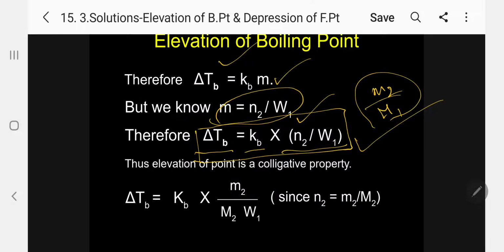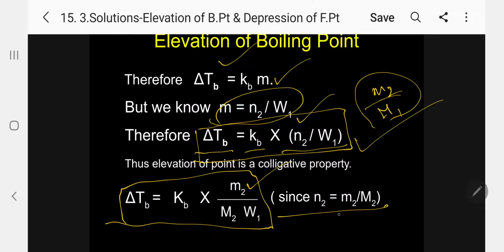Now I can rearrange the equation by substituting the n2 value, n2 equals m2 by capital M2. Kindly pause, because I have already pointed out, n2 equals m2 by capital M2. Small m2 is the mass of the solute, capital M2 is the molecular weight of the solute.